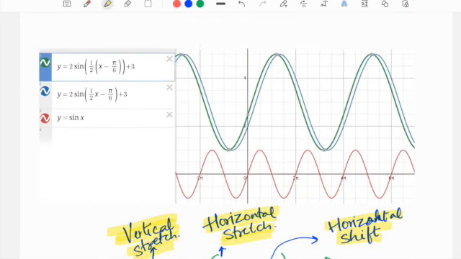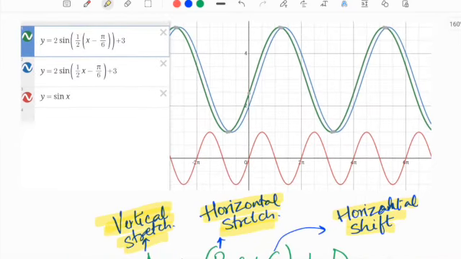So here in this graph, we have the normal sine function, which is the red line. Okay, and I have shown two curves, right? The only difference is in your green curve, sine of the angle: half x minus pi over 6 is the whole angle, right?